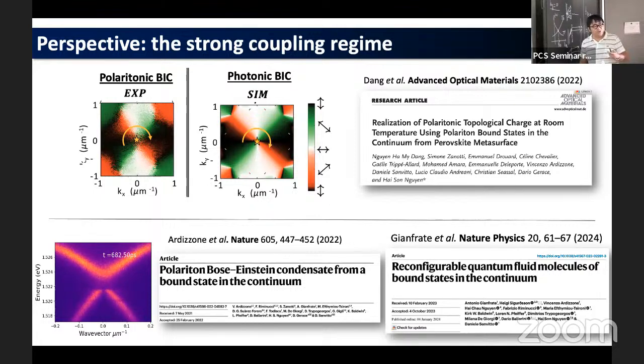Because then we can borrow the topology from the bound state in the continuum, with the nonlinearity and many-body physics coming from exciton-polaritons, engineered for example bound state in the continuum with Bose-Einstein condensation. It's some experimental work that we did recently with some collaborators.